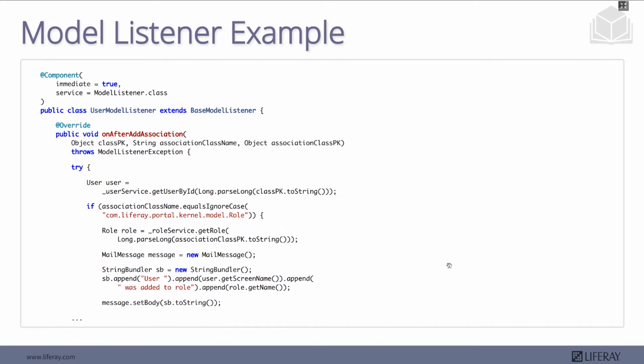In this specific case, we're going to assume that the user is being assigned to a role. Once they're assigned to the role, we're going to send an email to that user letting them know that they have been assigned to this specific role, or that user so-and-so was added to this role.